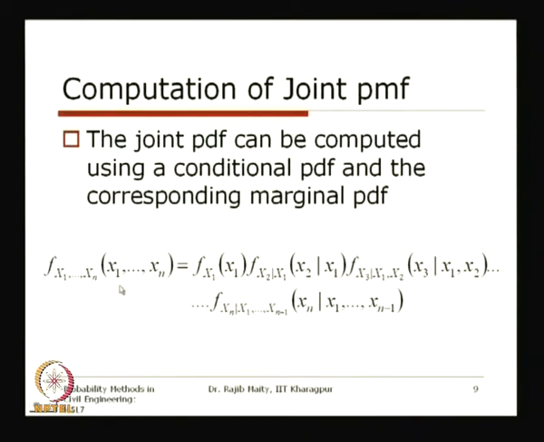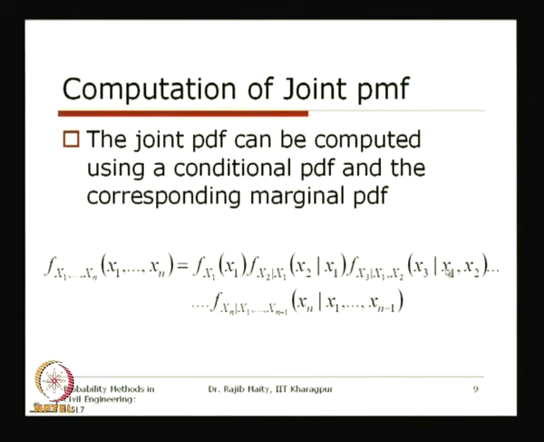The joint distribution between the random variables x1, x2 up to xn can be expressed in a general form: the marginal of x1, multiplied by the conditional of x2 given x1, multiplied by the conditional of x3 given x1 and x2, and in this way it goes on.